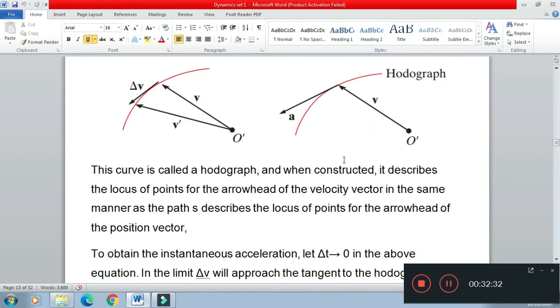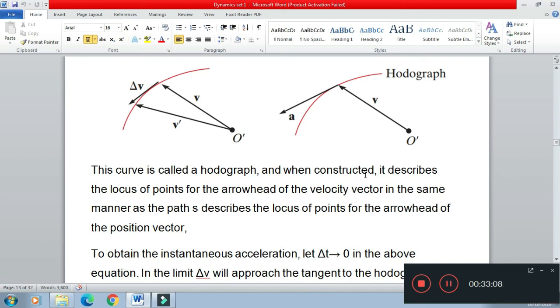The definition of hodograph: it is the locus of points for the arrowhead of the velocity vector. So hodograph is the locus of the head of the velocity vector. This is the head of the velocity vector at one time, this is the head of the velocity vector at second time, and suppose the third velocity is somewhere here. When we have the common origin, this is the velocity direction.